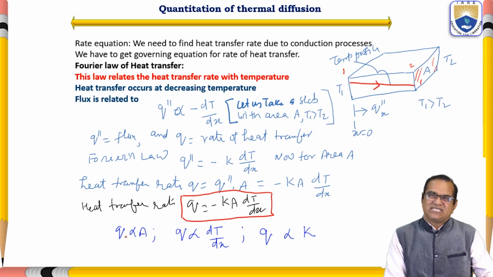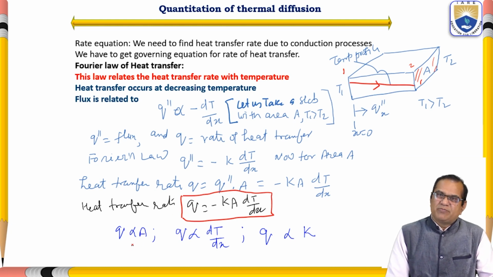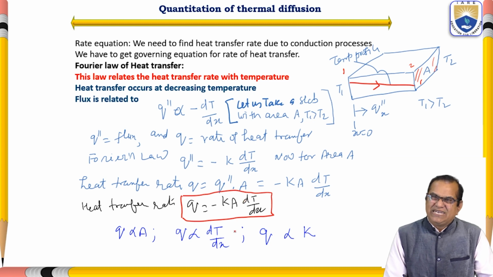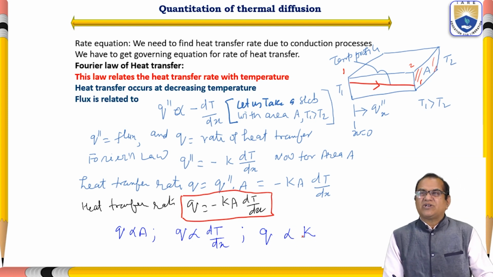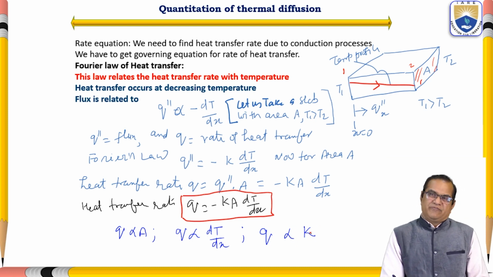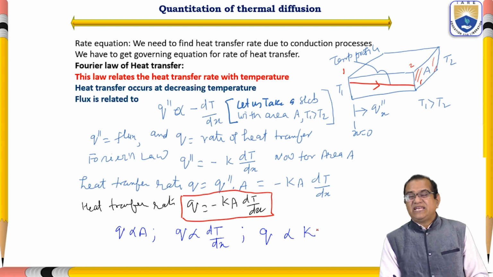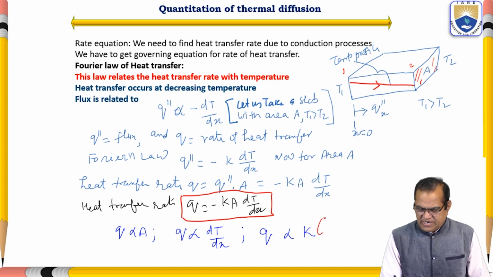Here we can see that Q is directly proportional to A, Q is also directly proportional to dT by dx, the rate of change of temperature, and Q is also directly proportional to k, the thermal conductivity.